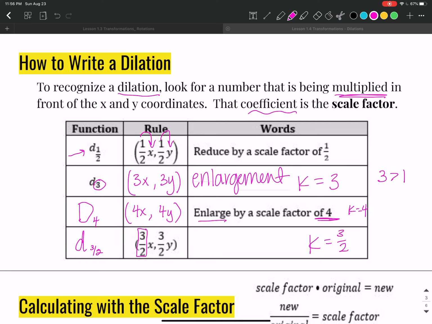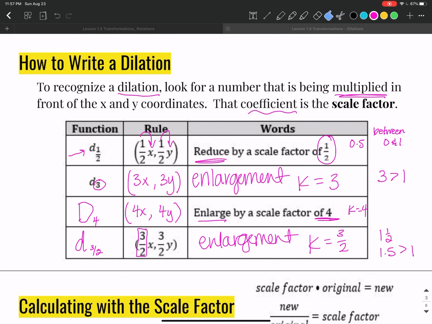It's an improper fraction. So it would be 1 and 1/2, or 1.5. And that's larger than 1. So this is still an enlargement. And just to note up here, we had a scale factor of 1/2, or 0.5. And remember, 0.5 would be in between 0 and 1. So that's why that would be a reduction.